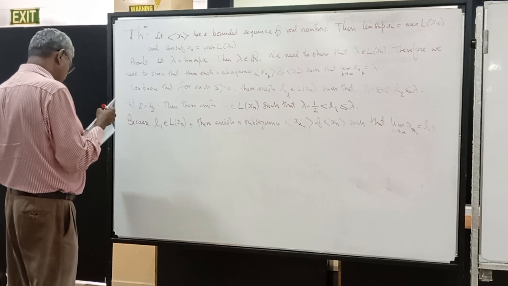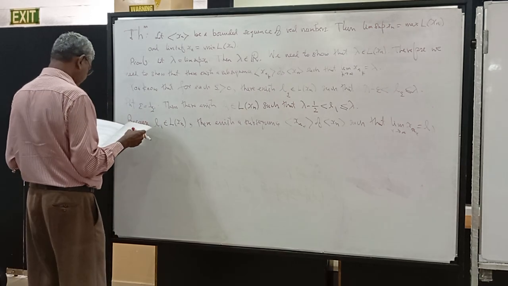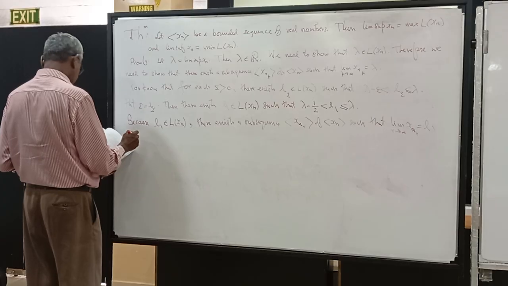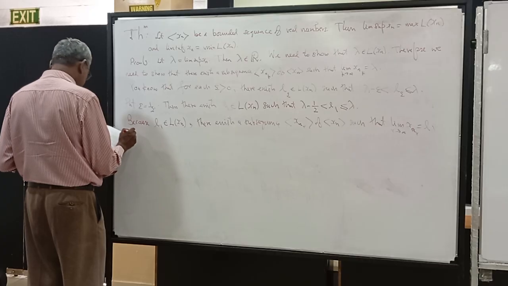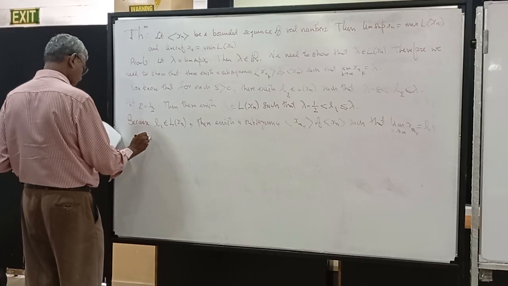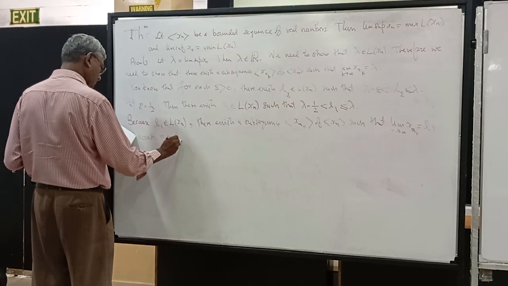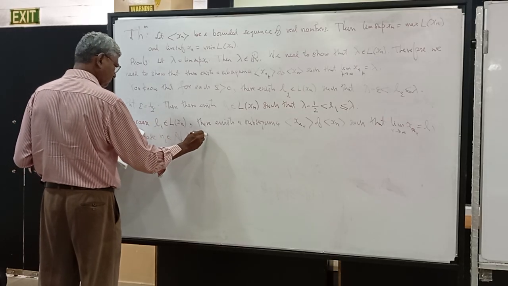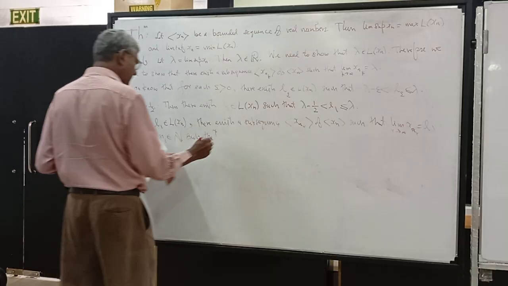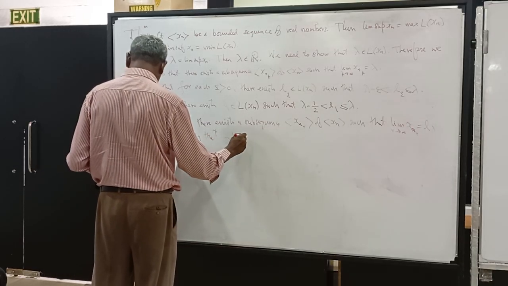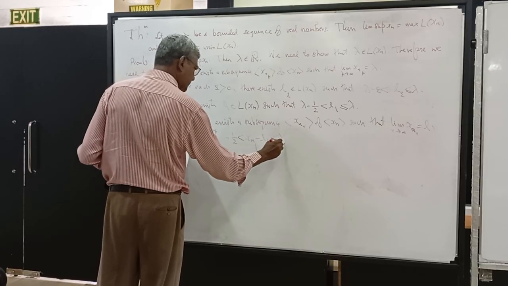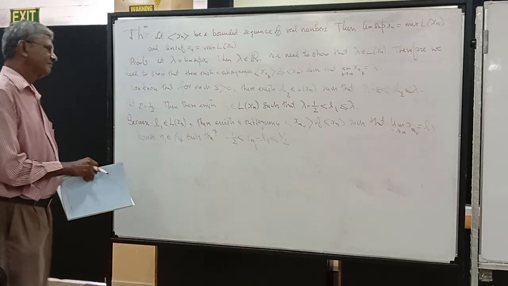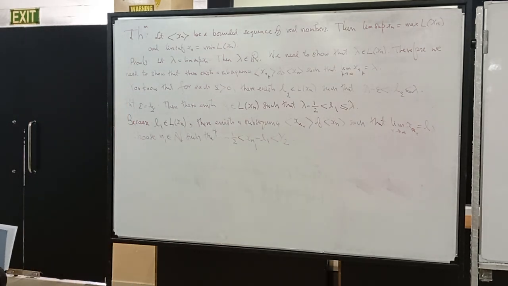Choose N1 belongs to N such that minus 1/2 is strictly less than x_{n_1} minus L1, strictly less than plus 1/2. So now look at here.